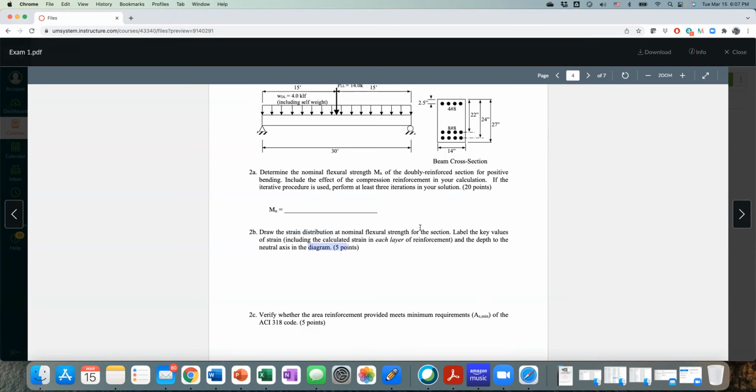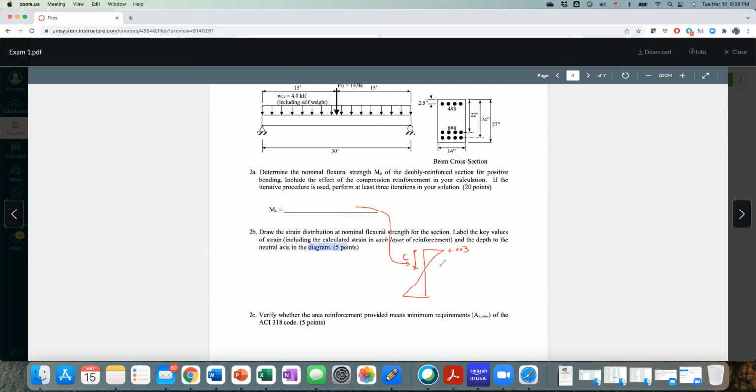So how do we draw the strain distribution? If I can annotate, you think of it like this, and I have 0.003 here. That is locked. From step number 1, when you do an analysis, you will find the compressive zone size c here.